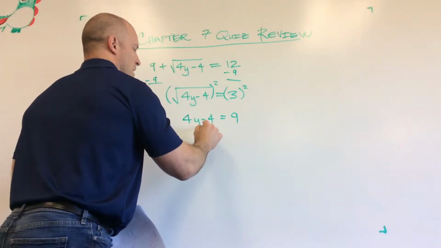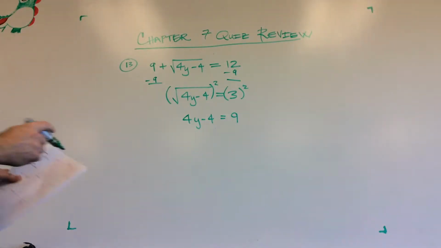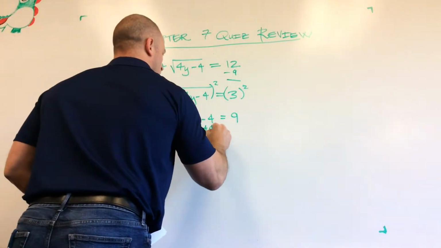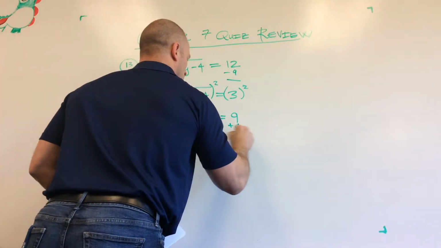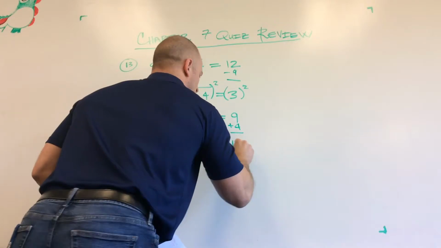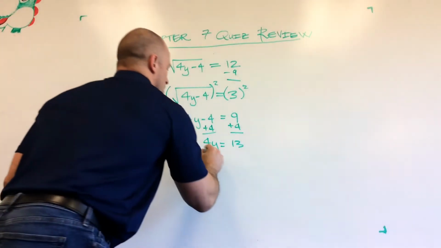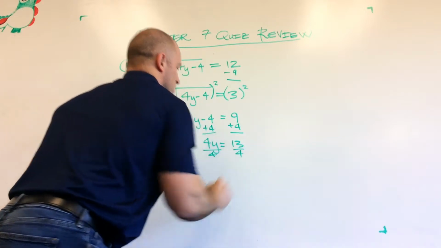We can add 4 to both sides. So we get 4y equals 13. Divide both sides by 4, and we'll get y equals 13 over 4.